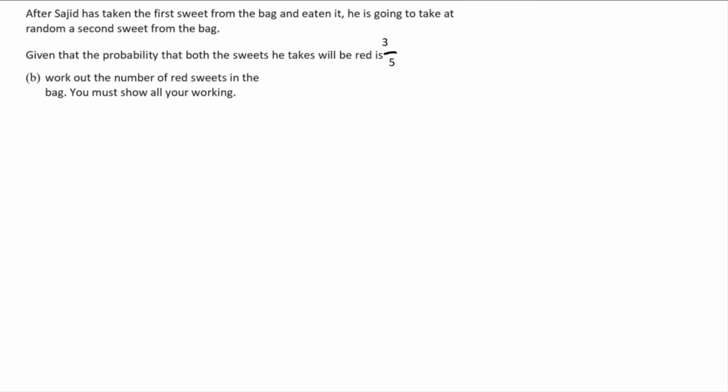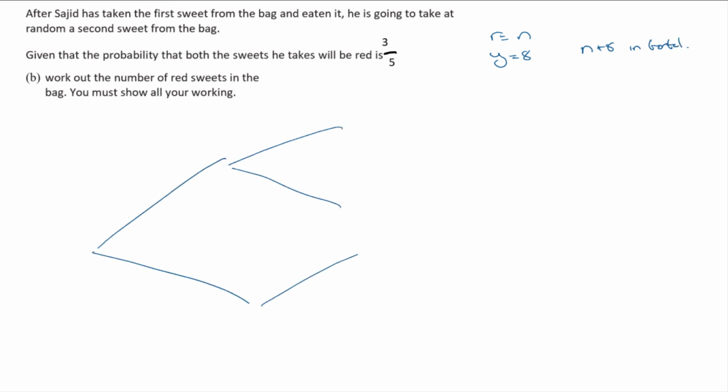Now remember from the first part, we had that there were n red sweets, we had 8 yellow ones, and then altogether the total is n plus 8, wasn't there? So that's what we're going to be using here. If we had a tree diagram, this would be picking red, not red, red, not red, red, not red.